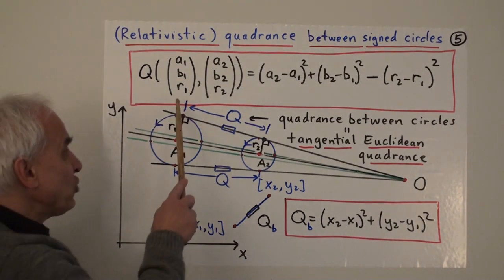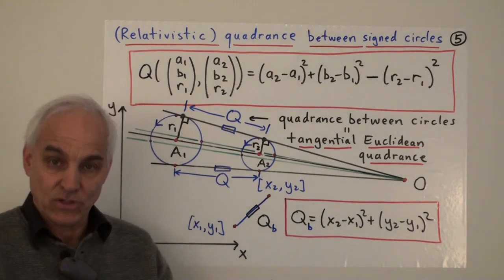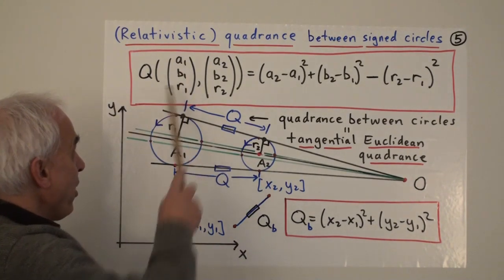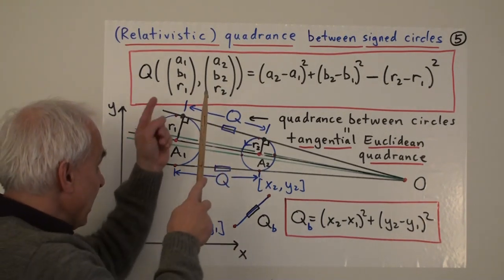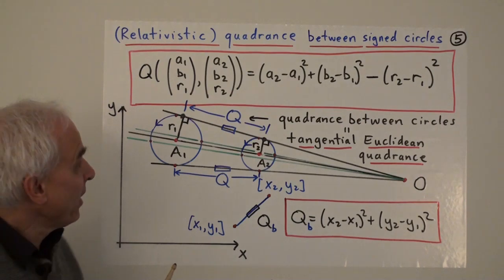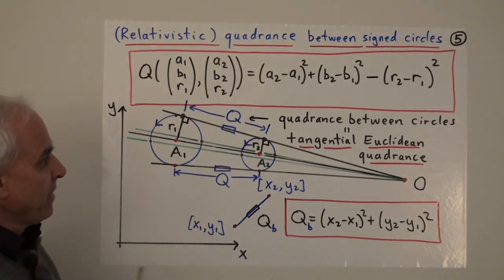All right, so if we have 2 points in 3-dimensional space representing signed circles, say A1, B1, R1, and A2, B2, R2, so we can think of these as being 2 signed circles, then the quadrance between them is defined in this way.